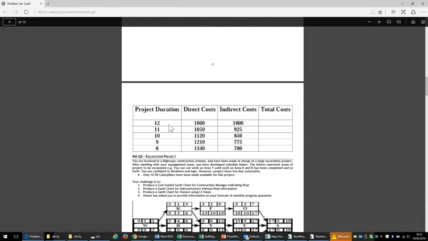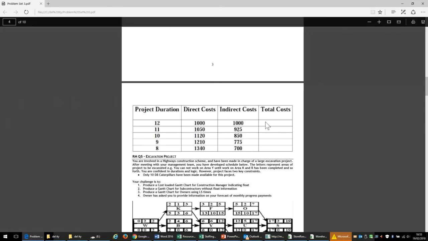If we have got a few options on the table, we can deliver this project either in a 12 months duration, which would give us a direct cost of 1,000 and an indirect cost of 1,000. The indirect costs are provided to us by our QS or the estimators, whereas the direct costs are taken from the previous problem which was discussed.